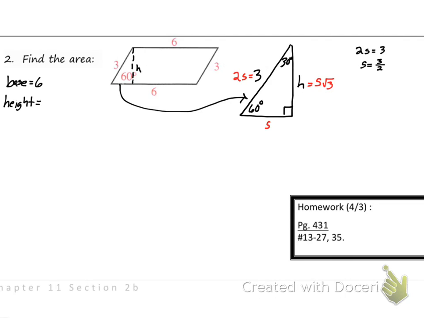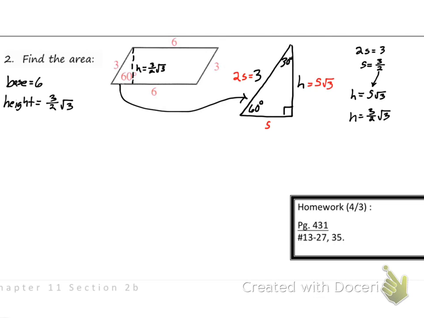And since H equals S times square root of 3, we're just going to plug that 3 over 2 in for it. And we'll have H equals 3 over 2 square root of 3. So our height is 3 over 2 square root of 3. I'm not going to simplify that any further.